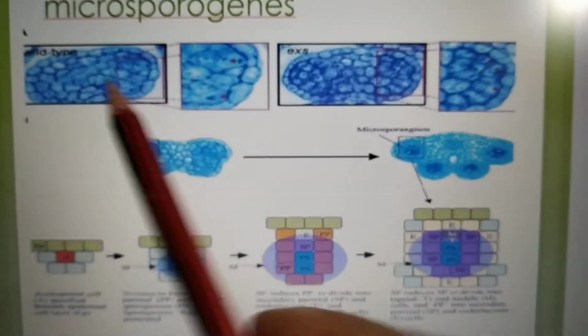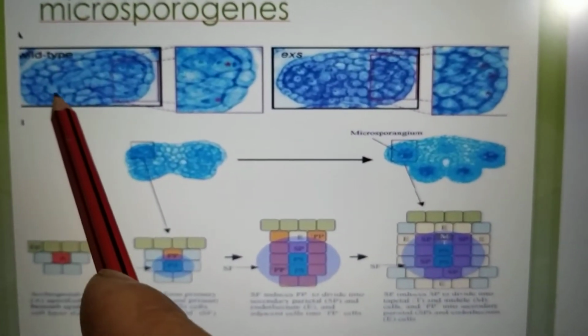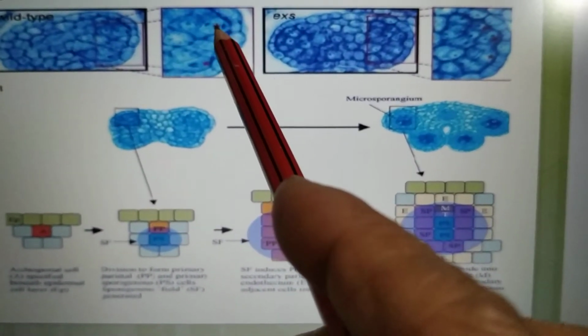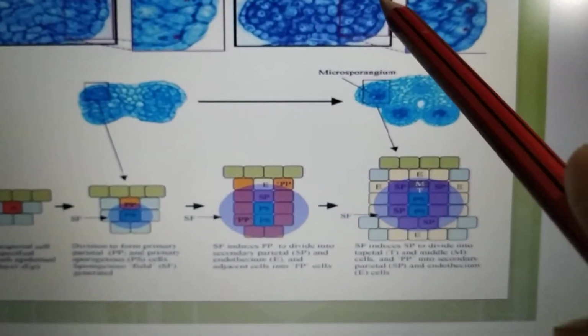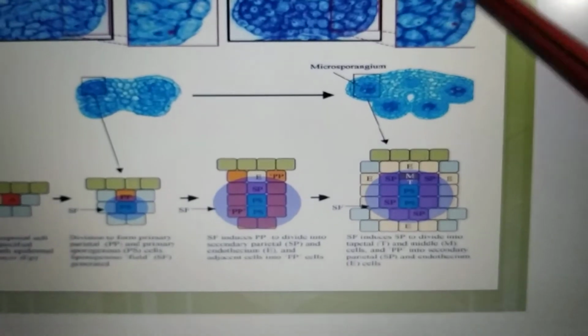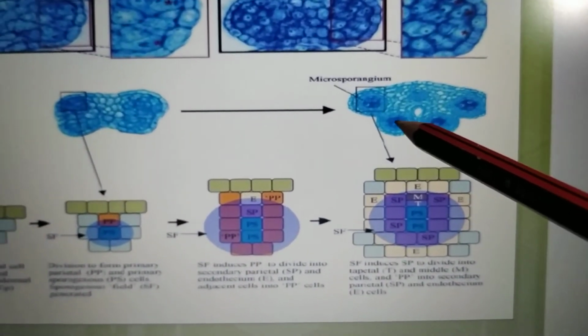You see, this is the initial structure of anther, and at each corner one of the cells becomes meristematic. Here is the anther during growth, it shows considerable elongation, and at each corner they form the archisporial cell. Here is the mature stage.